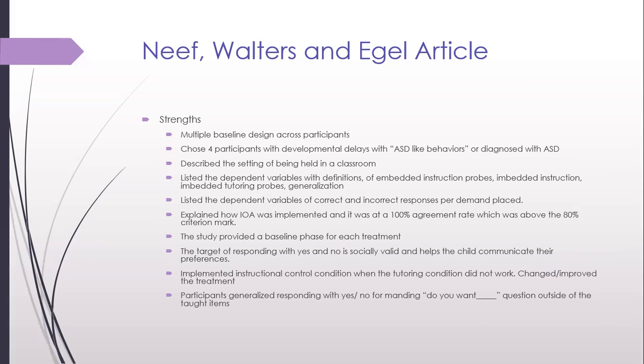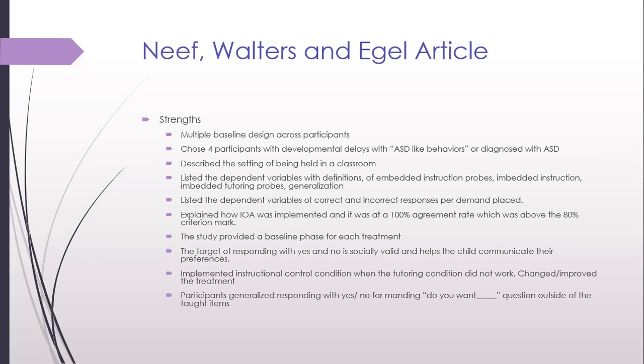They described the setting of the experiment and how it was held in a classroom. They listed the dependent variables with definitions of the embedded instruction probes, the embedded tutoring probes, and generalization. They also listed the independent variables of correct and incorrect responses per demand placed.